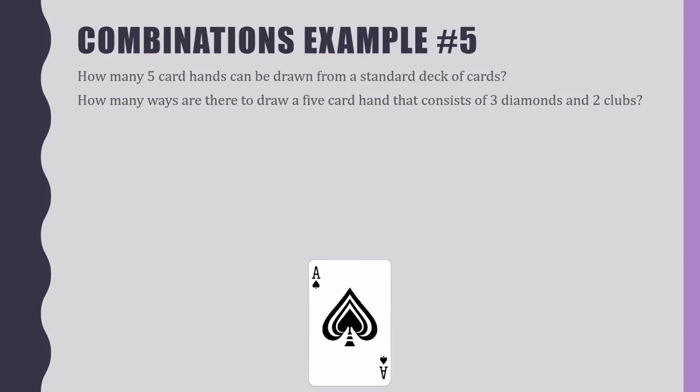This is just a 13 choose 3 problem. Right? Does that make sense? I have 13 diamonds. I need to choose 3 of them. Any 3. How many different ways can I do that? Well, 13 choose 3, whatever that calculates out to be. Right? So you end up with 13 choose 3 times 13 choose 2. Because there are 13 clubs and I need to choose 2 of them.